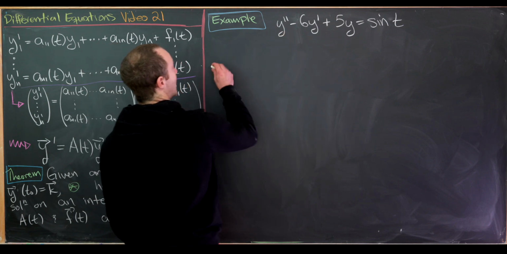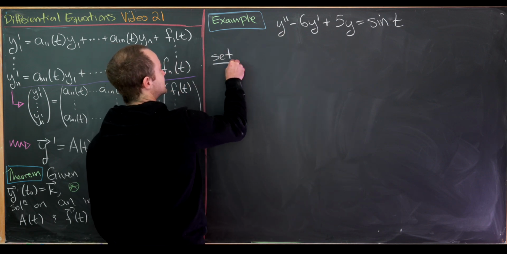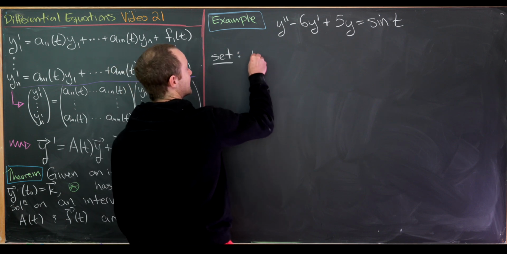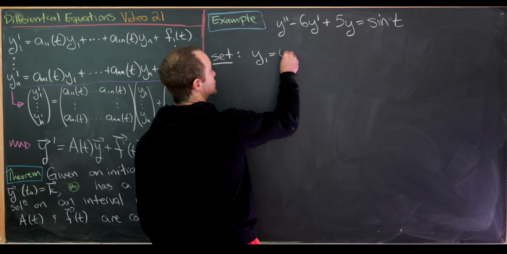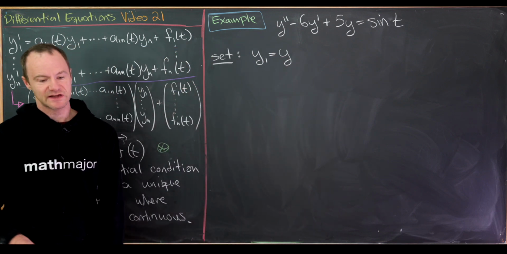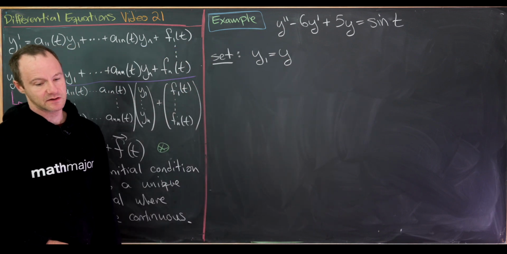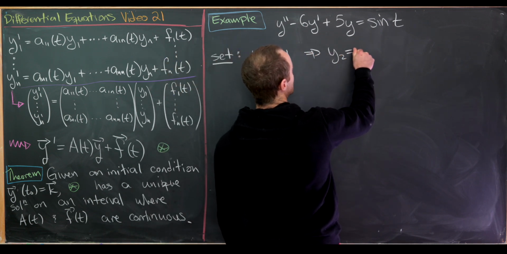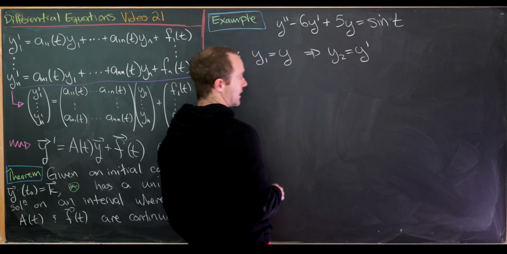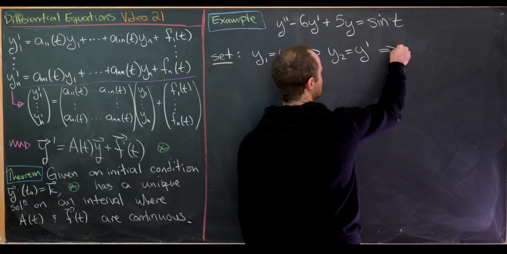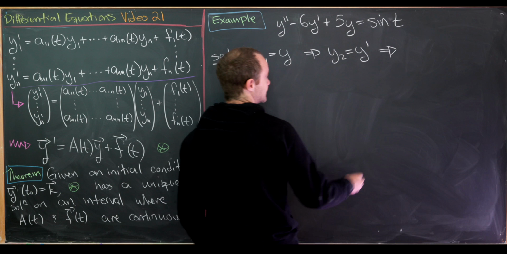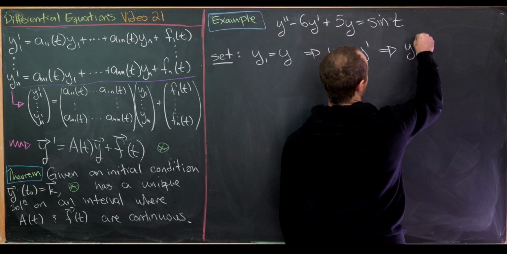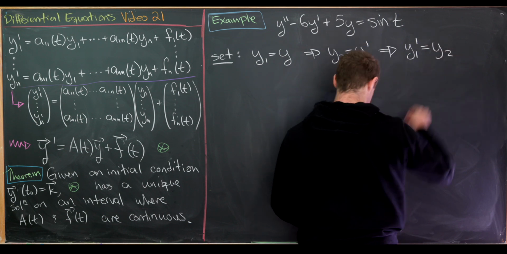We'll start with y double prime minus 6y prime plus 5y equals sine of t. Let's set y1 equal to y. That's what we're going to start with immediately. And then we'll also set y2 equal to y prime. Notice that immediately gives us one of our equations: y1 prime equals y2.